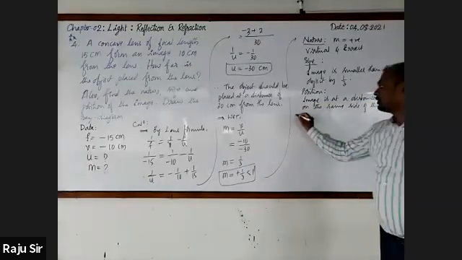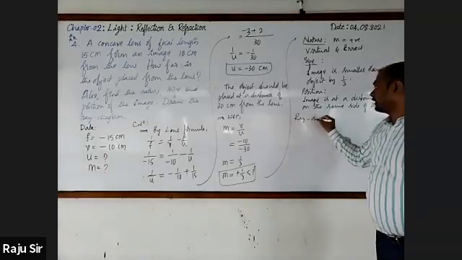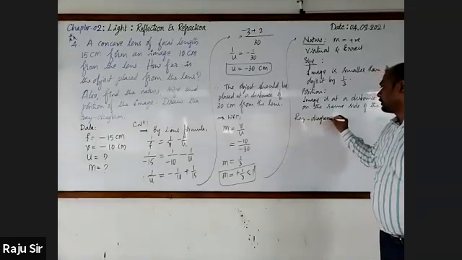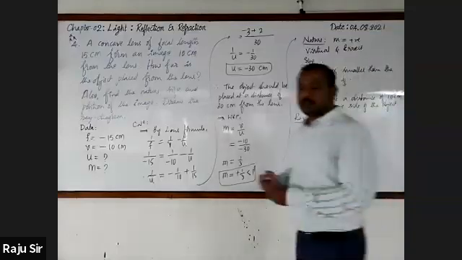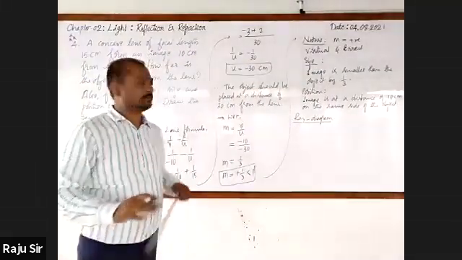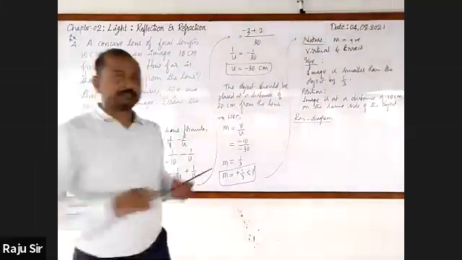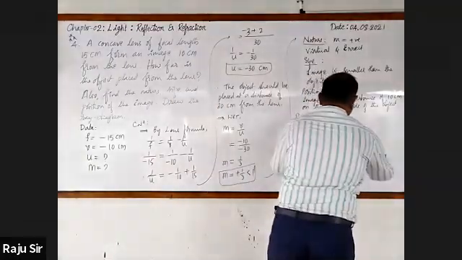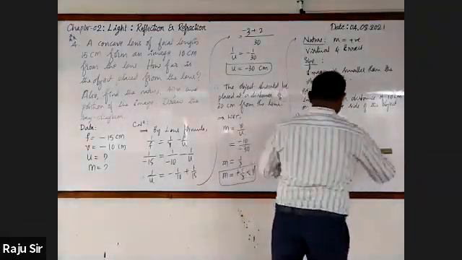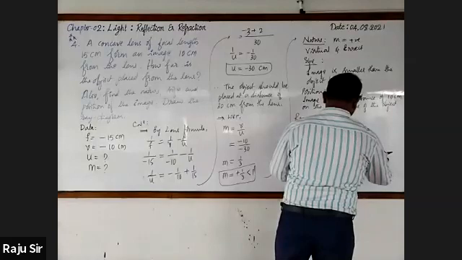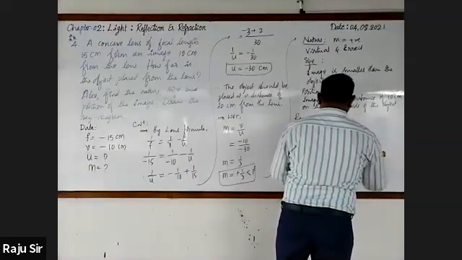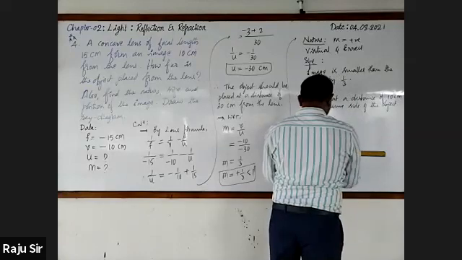Let's go for the ray diagram. Take scale and pencil. Draw a straight line and go on marking every 2 centimeters.